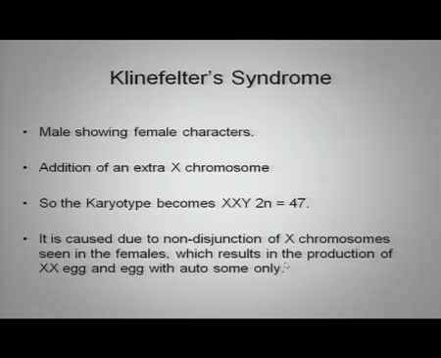So here also in Klinefelter syndrome, the reason for this particular syndrome is non-disjunction of X chromosomes present in the female individuals at the time of gamete formation. So it results in the production of an egg with both the X chromosomes and the other one without any X chromosome.